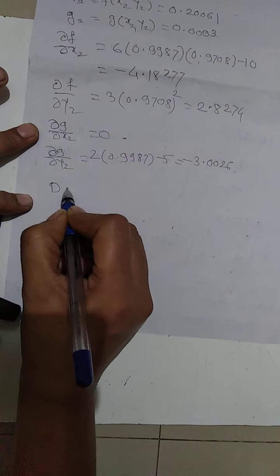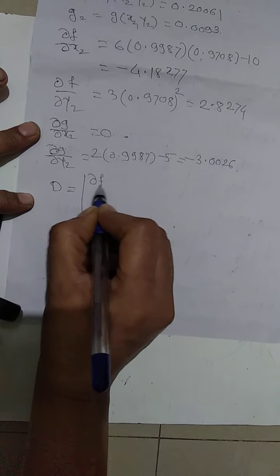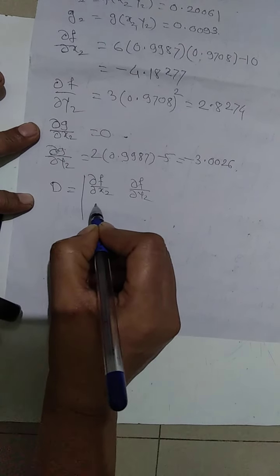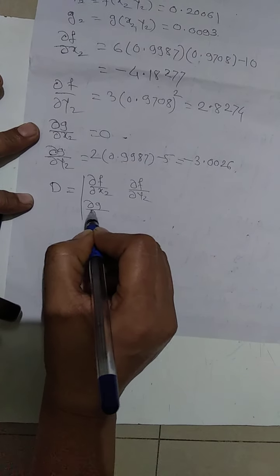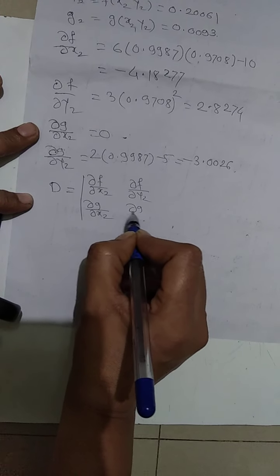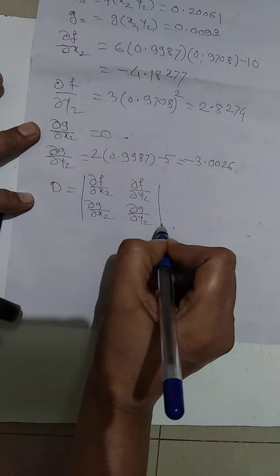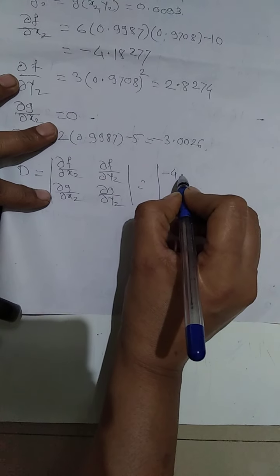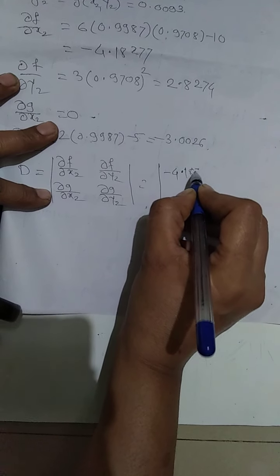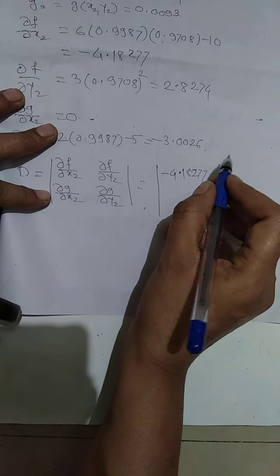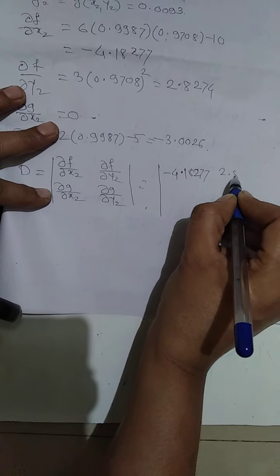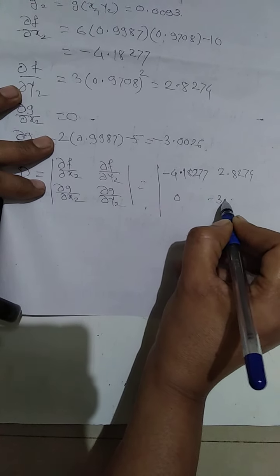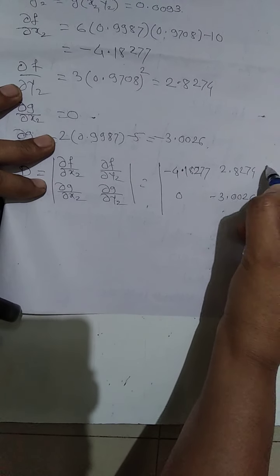Same formula is used. D is equal to del f upon del x2, del f upon del y2, del g upon del x2, del g upon del y2. Putting this value minus 4.18277, 2.8274, 0 minus 3.0026.